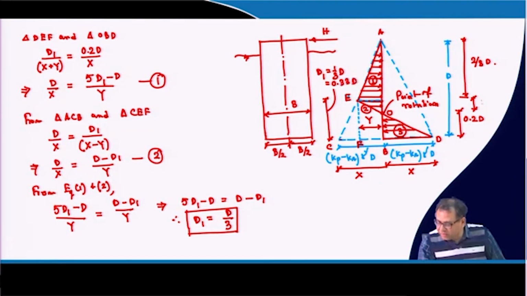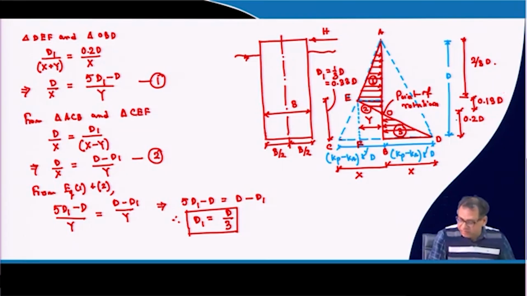So, this is 0.2 d, and this should be 0.13 d, because this is 1.33 d.